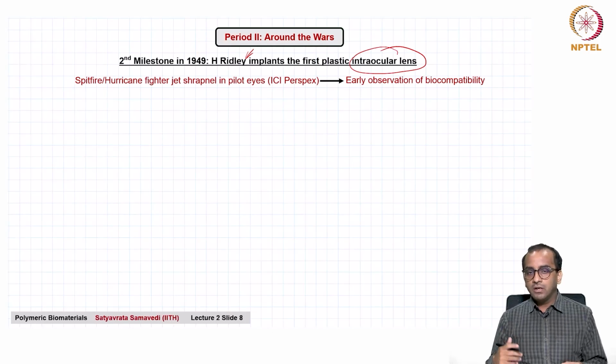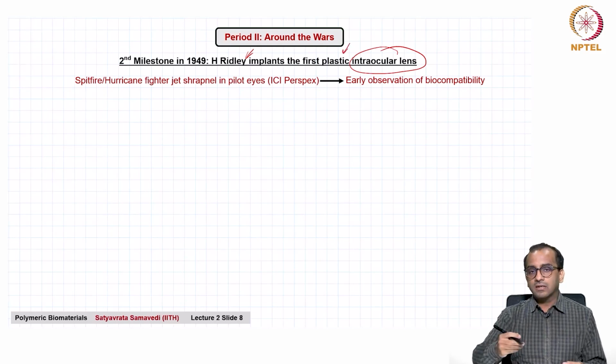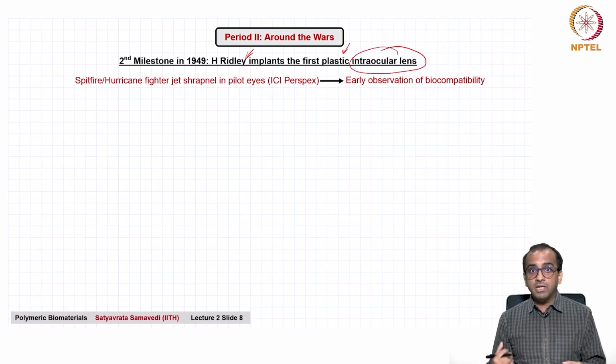Now, imagine you are in the 1940s and what is it that tells you then that plastic implantation in the body can be tolerated by the body? That is a very revolutionizing idea, but also very controversial idea. What would have told you that, right? And how Ridley found that out was also very interesting. It was purely serendipity.